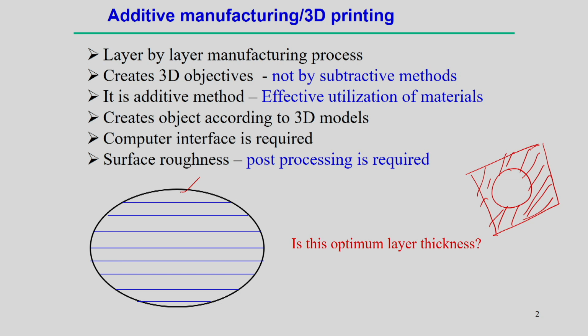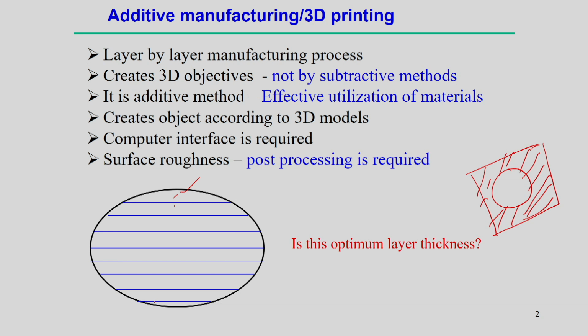Now, in the additive manufacturing process, the first step is slicing. It is a small division into layers, but these layers are created with the computer interface and the created data will be stored in the computer, such that when there is a deposition of the material, a particular layer will follow the instruction from the computer, from the already stored data.